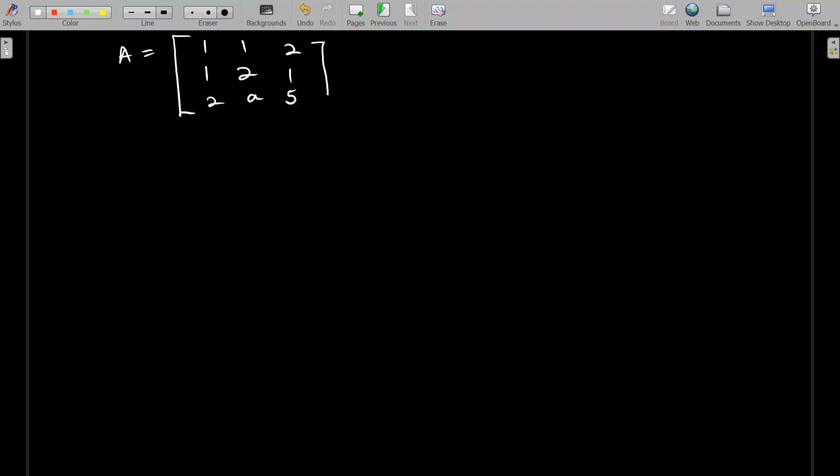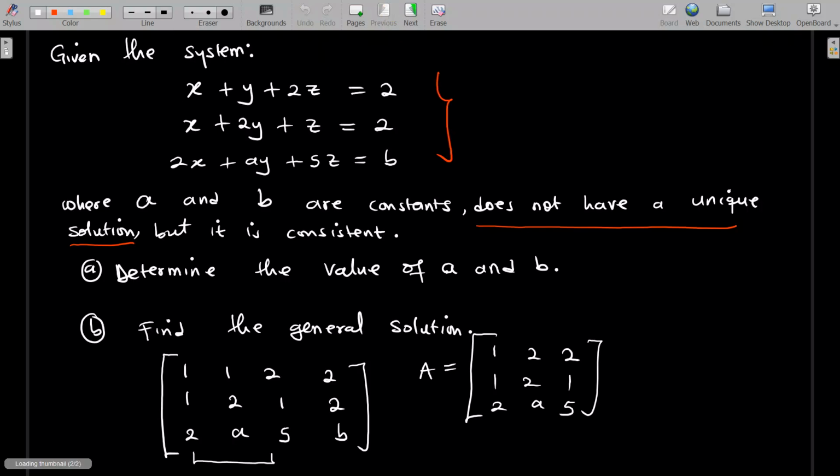And in one of our videos I said that if you have a 3 by 3 matrix and you're trying to find a determinant, there's a quick way of doing that. This was the matrix I chose, so that's the coefficient of the variables: 2 1 a, 2 a 5.